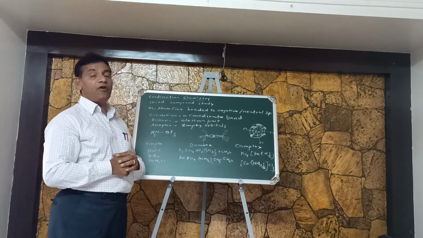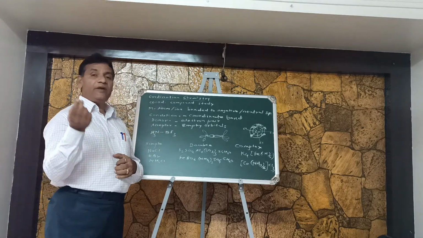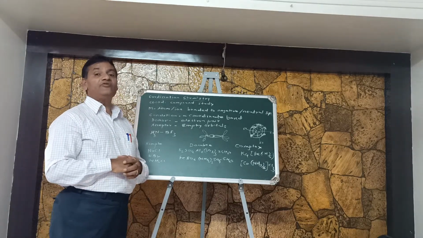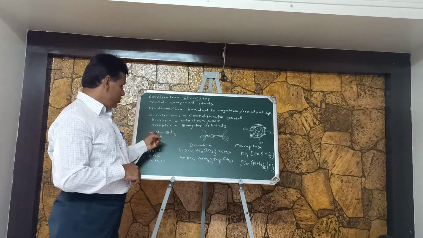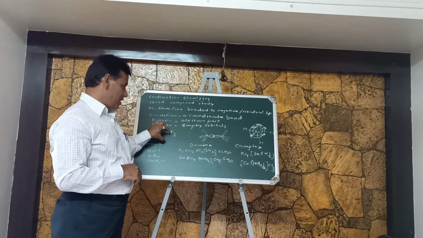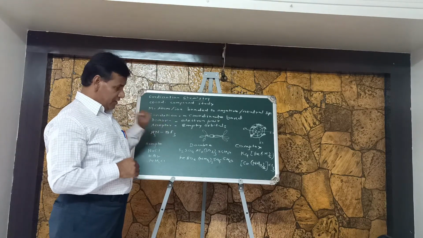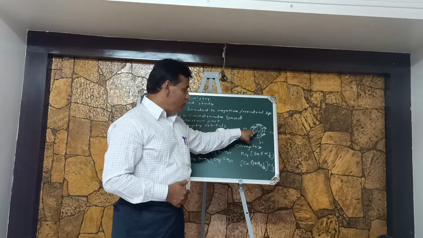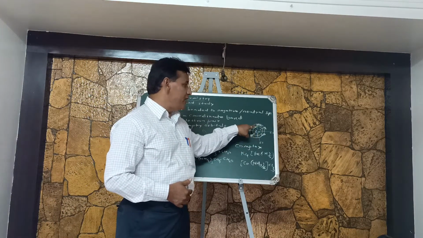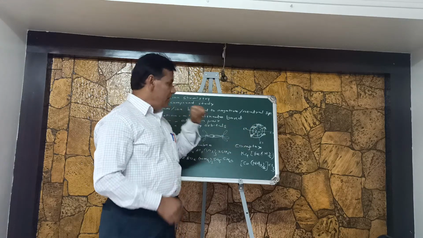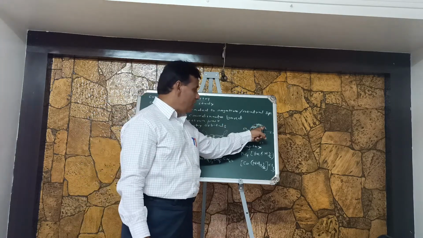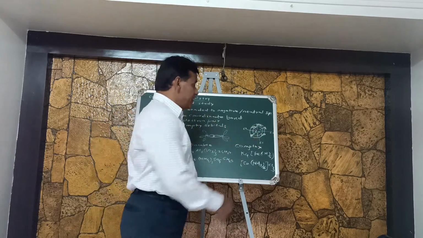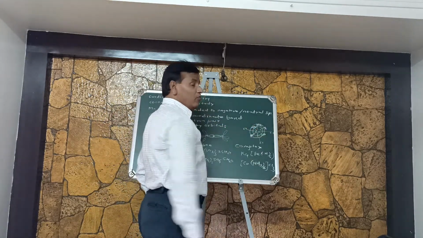This type of bond where the required electron pair is contributed by a single atom is called a coordinate bond. Because of this coordinate bond, this compound is formed. In the case of complex compounds also, there is a bond between cobalt and 6 ammonia ligands, and the electron pair on each nitrogen is donated to cobalt to form this coordinate bond.